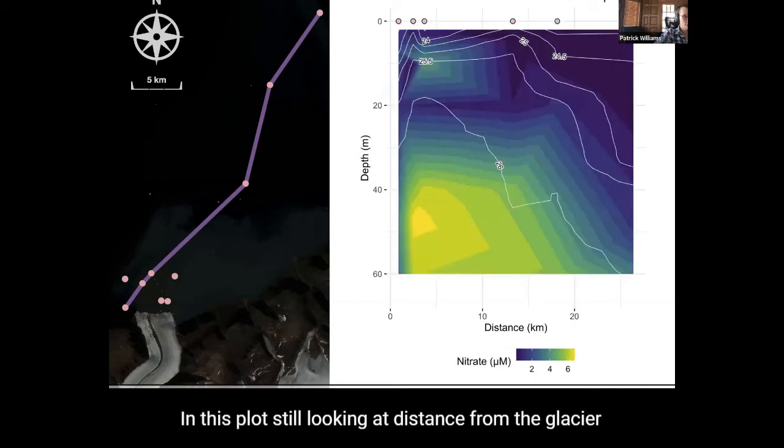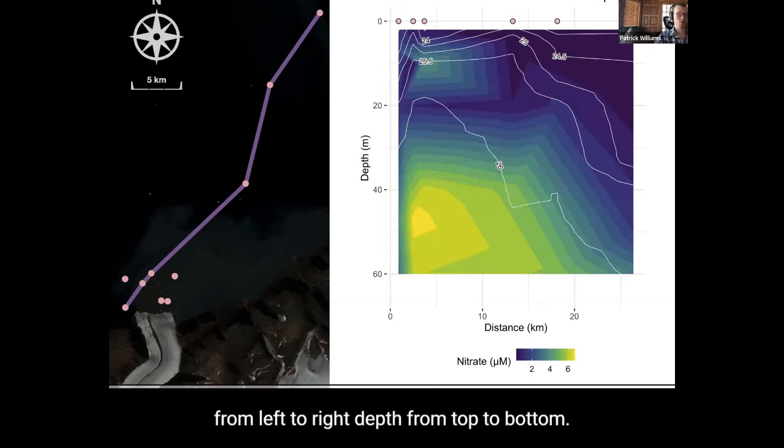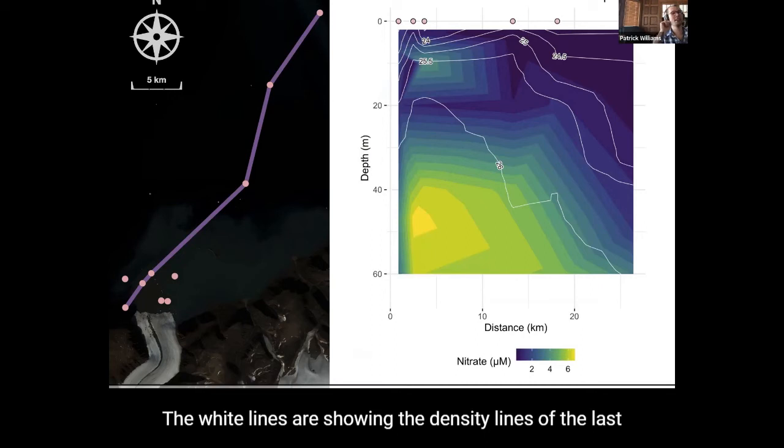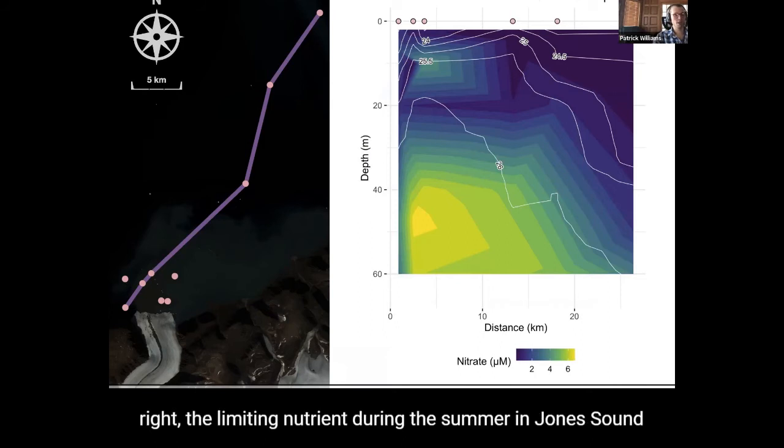In this plot, still looking at distance from the glacier from left to right, depth from top to bottom, the white lines are showing the density lines of the last graph, but here color is nitrate concentrations, right? The limiting nutrient during the summer in Jones Sound.